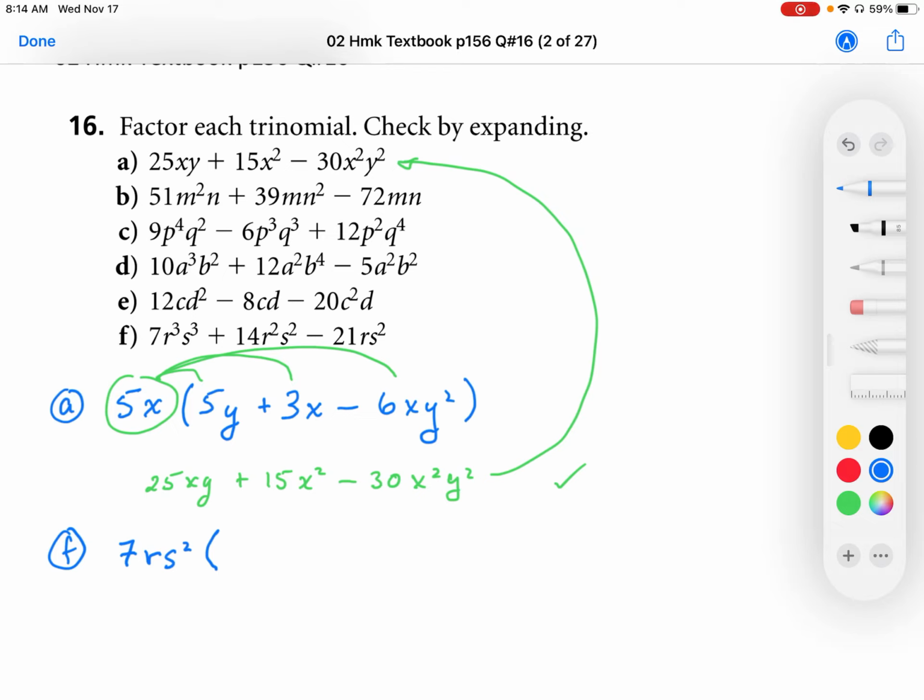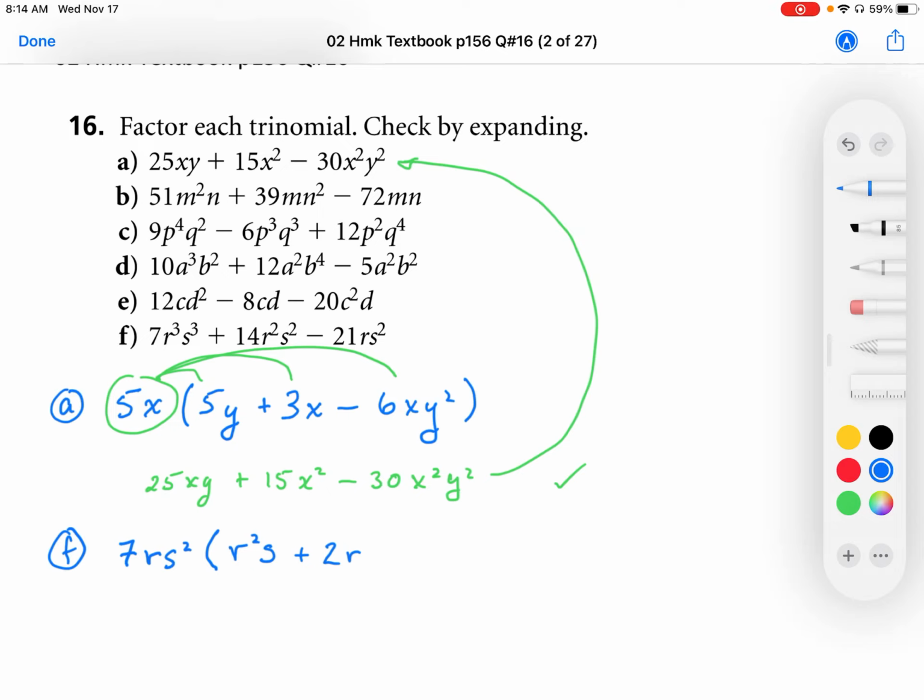R cubed, take out an r or divide by r. We're left with r squared. S cubed, take out s squared. We're left with just 1s. Then we move on to the next term. 14 divided by 7 is 2, so we have a 2 left behind. R squared divided by r is going to be r.